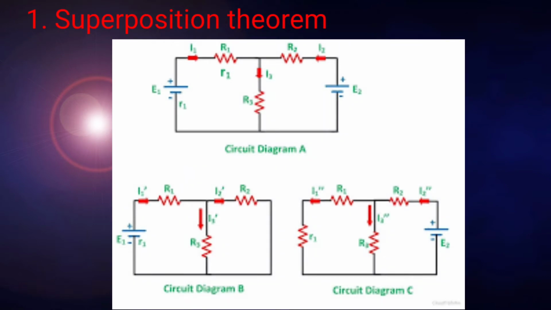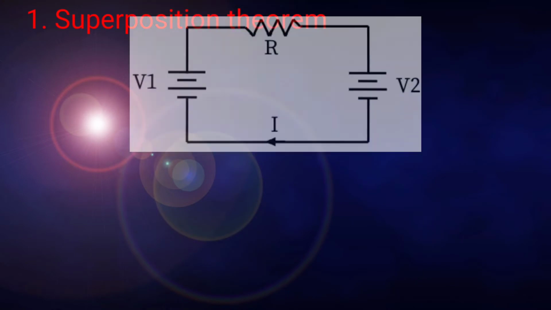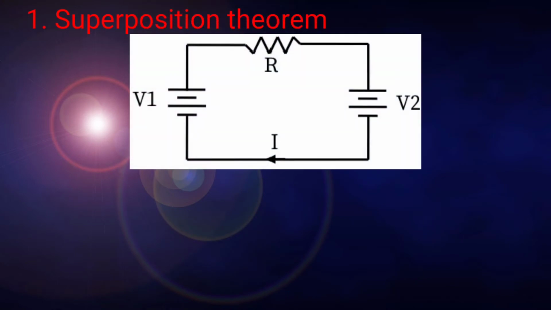What is the contribution from each and every independent source? That is what we need to analyze. That analysis can be done in a very simple way by using this particular theorem known as the superposition theorem. Okay, first let me understand the main purpose of this theorem.